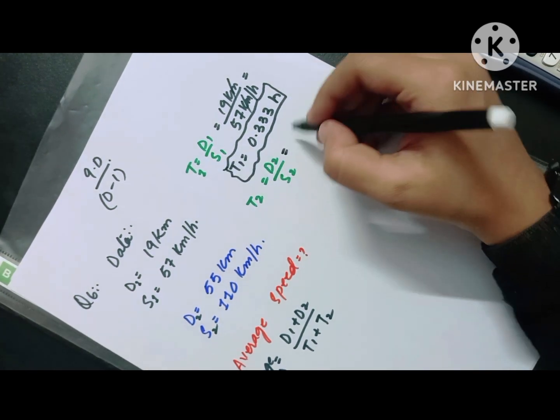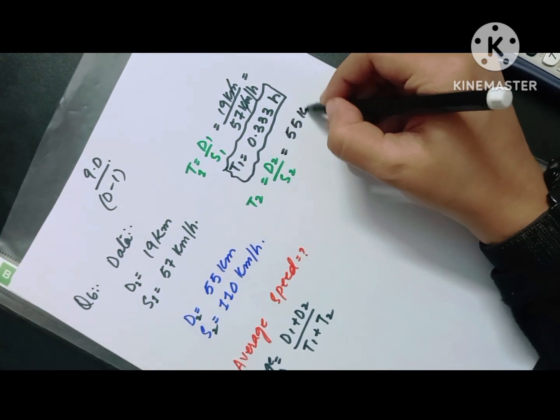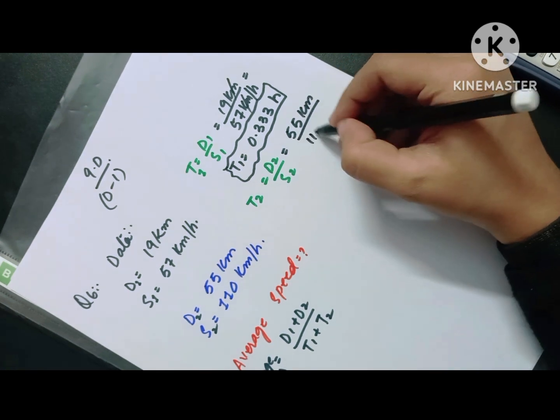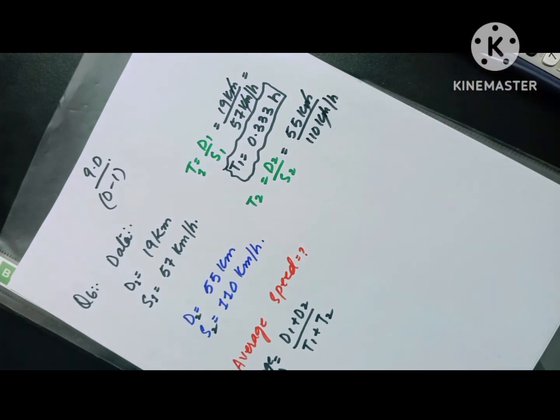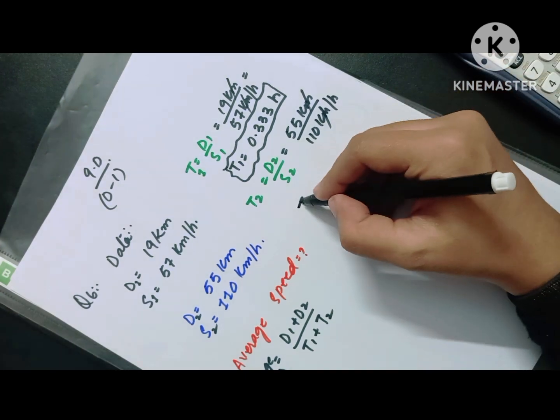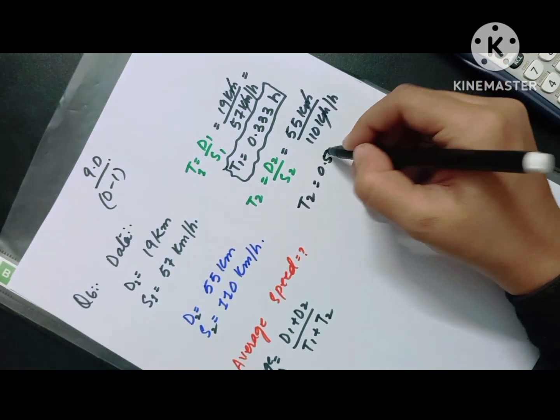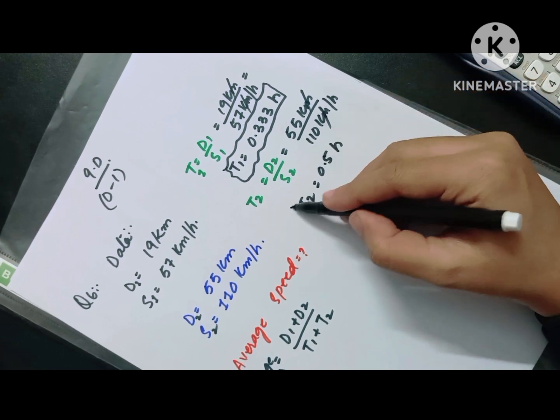Then D2 is 55 kilometer, and 110 kilometer per hour. Kilometer and kilometer can be cancelled out, and then 55 divided by 110 will be equals to 0.5. That is also in hours.